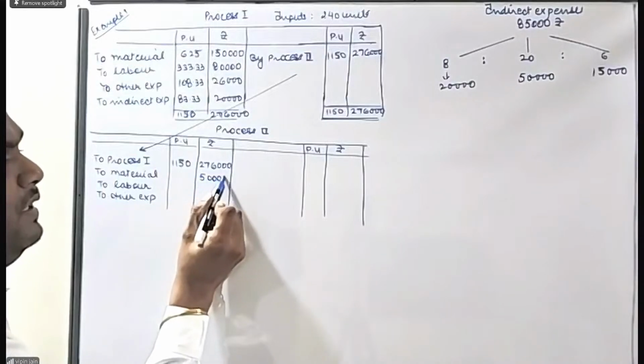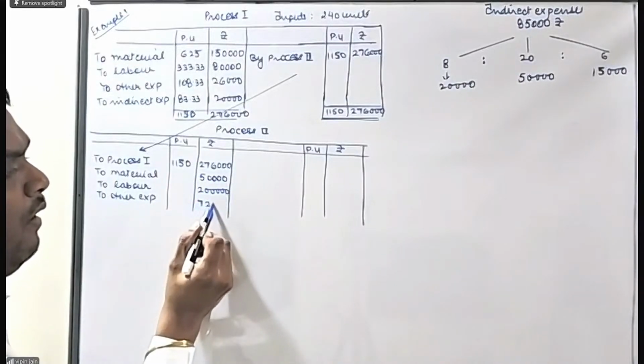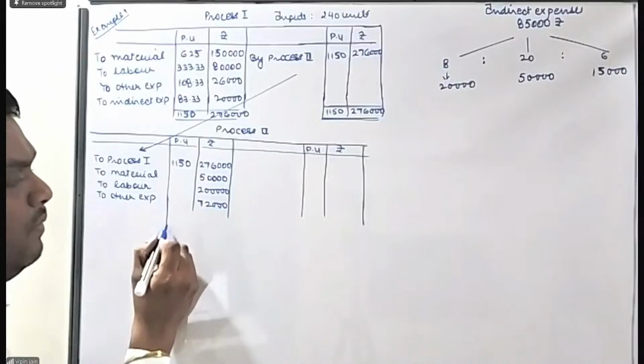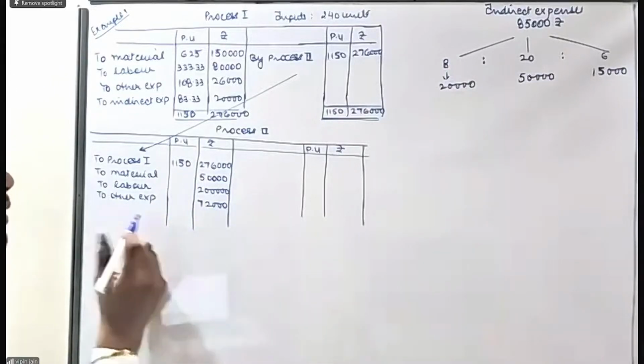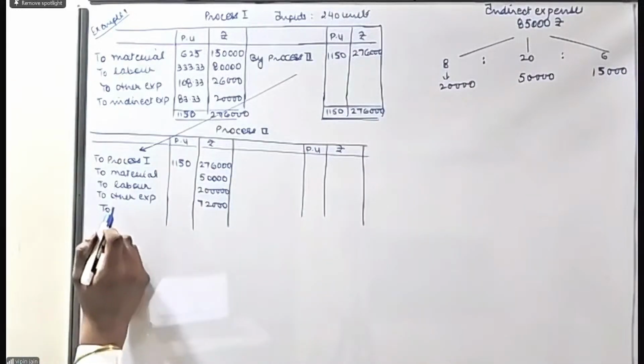Plus, we have to record the indirect expenses also, that is 50,000.